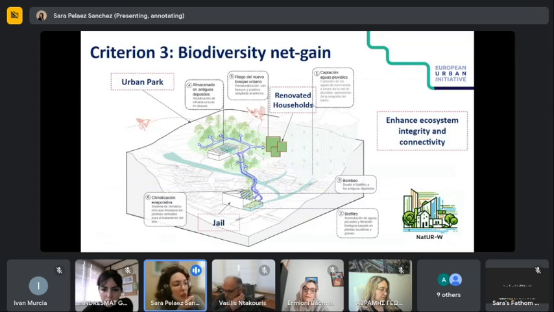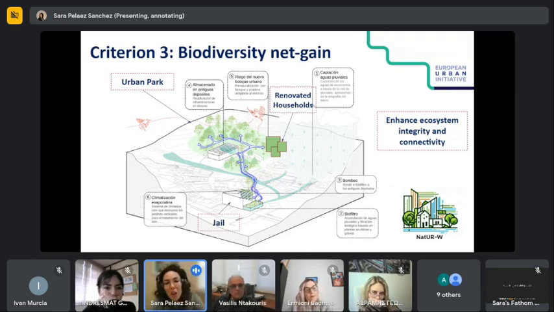This is from our colleagues in Singular Green. So if you remember this infographic from our last meeting in Lorca, you might remember the future urban forest park here on top, the jail, and the renovated houses on the right corner. And this is a good example of how these NbSs can enhance ecosystem integrity and connectivity.